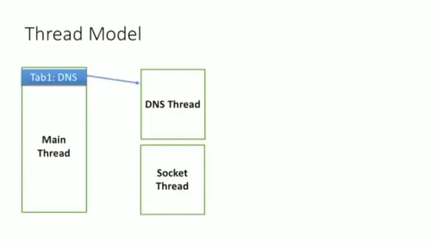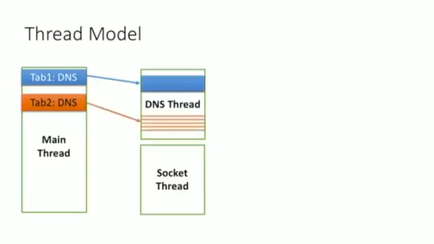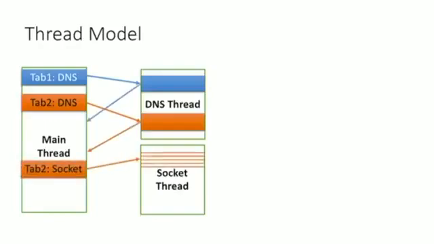First, DNS, right? When you type the URL, it will first query the DNS. It will send one query to the DNS thread. The DNS thread will perform the querying and return the results. If you are using different tabs, the different tabs will all post events to the DNS thread. And when they return, it will start to load.